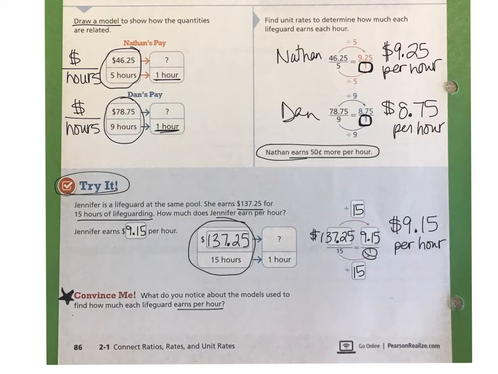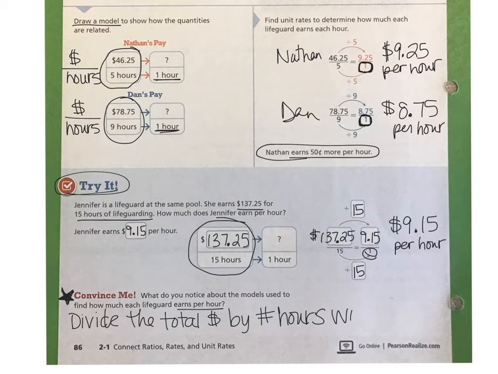And the answer is we divided. We divided the total dollars by the number of hours worked.